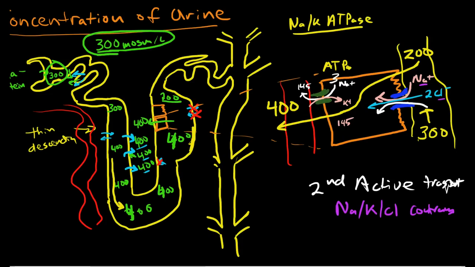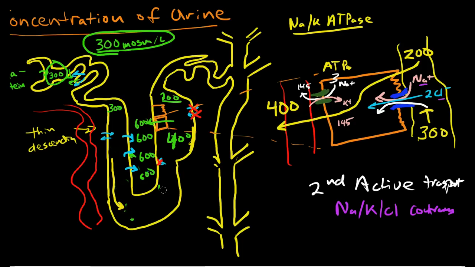Now this obviously is going to get more concentrated again because we've got these pumps running here. So this interstitial fluid becomes even more concentrated. It goes up to 600. So what happens? Well, same thing.